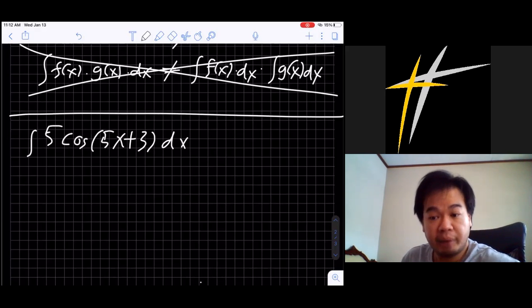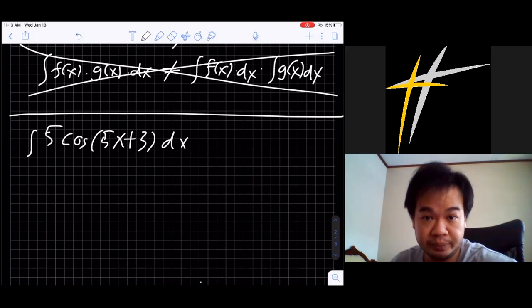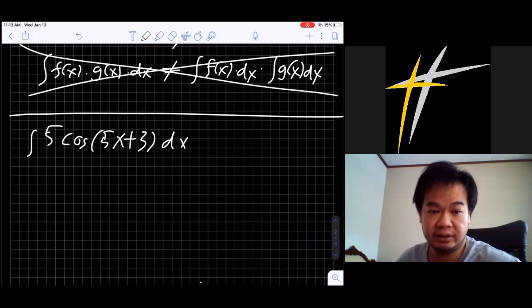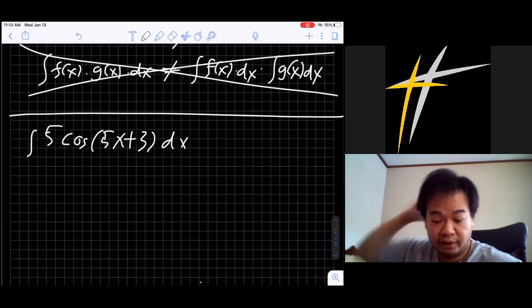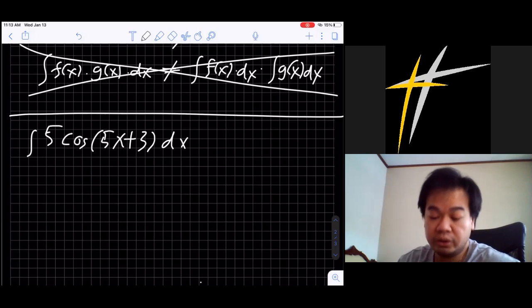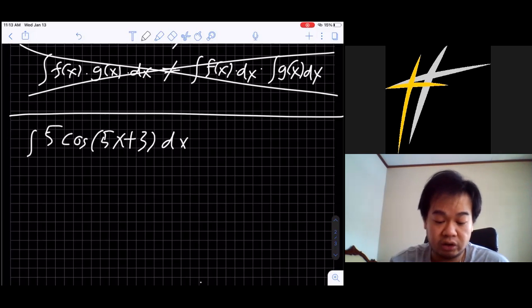Remember, in derivative, if it's a composite function, then we have the chain rule, which is the derivative of the inside function. Now you need to be careful when we are talking about integral. When you want to integrate something, you need to be careful with the derivative of the inside function. Now the outside function is cos in this case. Well, let's put the 5 outside first.